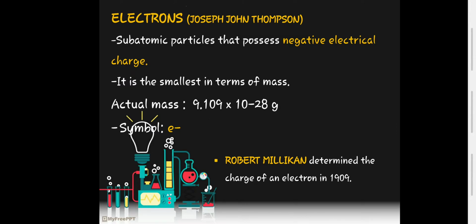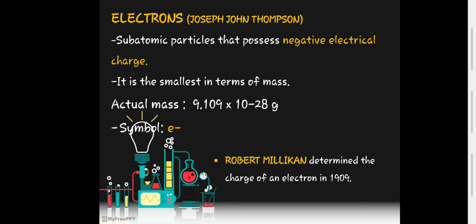The actual mass of an electron is 9.109 times 10 to the negative 28 grams. That is the exact mass of an electron. Always remember that the electron is the smallest in terms of mass, compared to protons and neutrons.